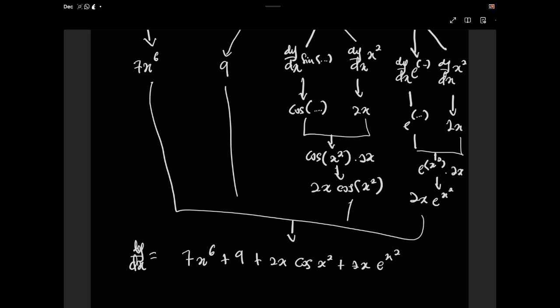Because why? Remember, we actually ignored the first constant, which is 1/3. So let's put it back.